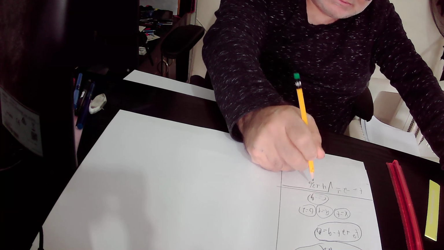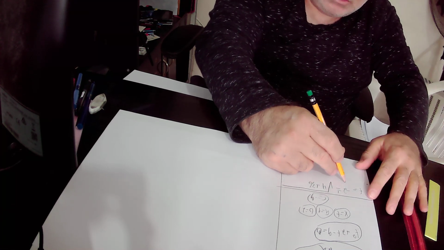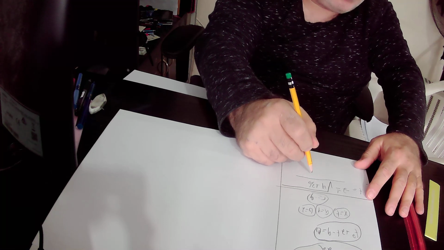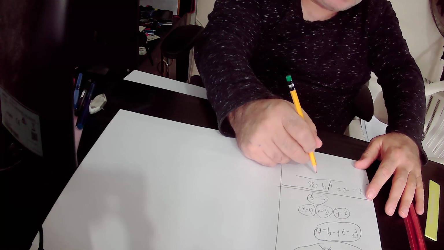So inside the brackets we have 4 plus 36 over 2a. a equals 1, so 2a is 2 times 1 is 2.